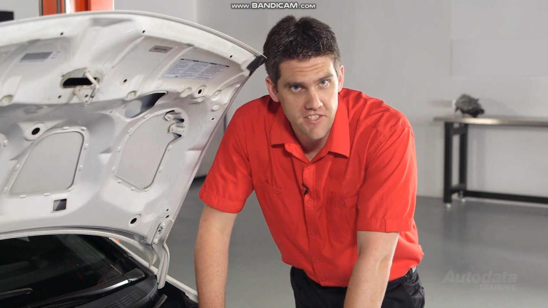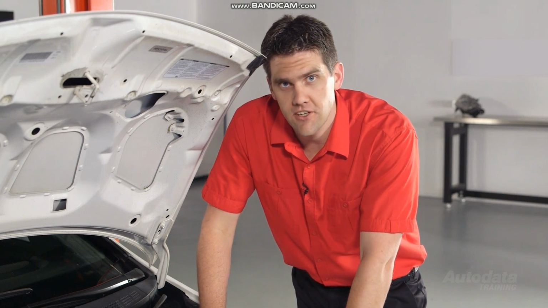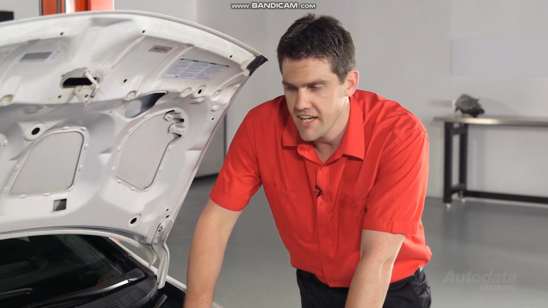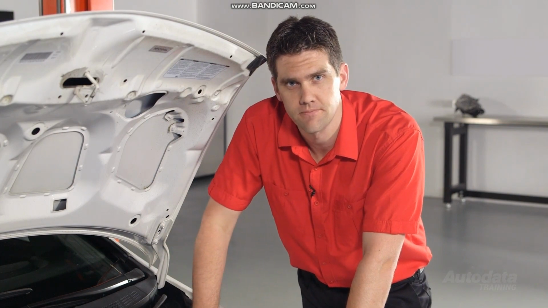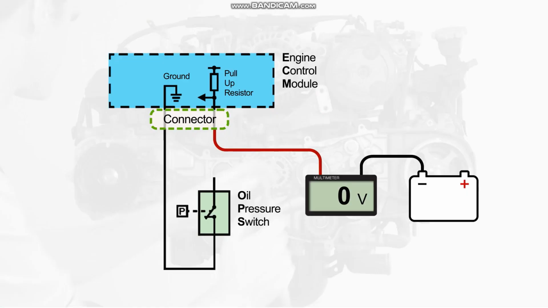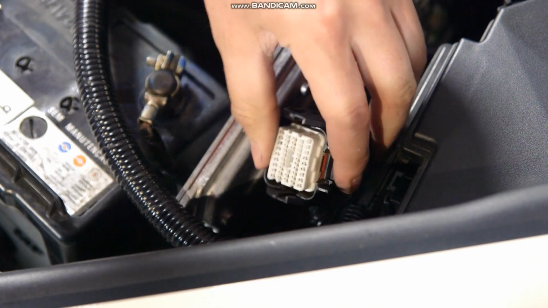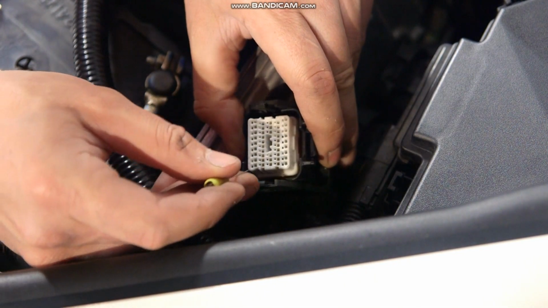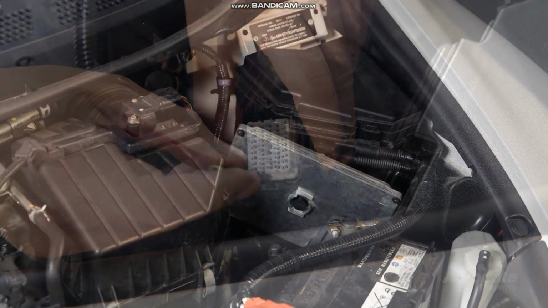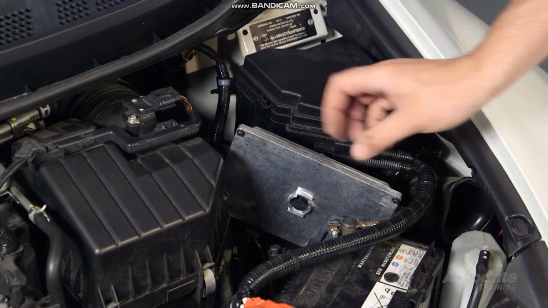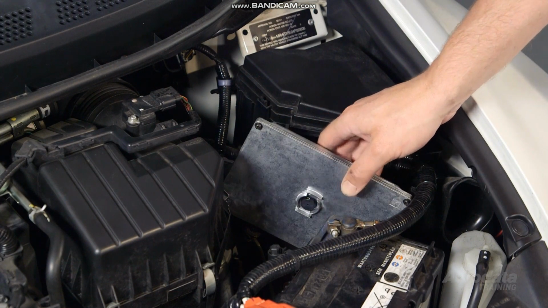If there is 5 volts here, there will be an open circuit between the ECM and the sensor harness connector. If there was no 5 volts, the fault will be the ECM connector or the ECM itself. To test the ECM connector, check for terminal tension and corrosion. If nothing is found, the fault will be in the ECM.